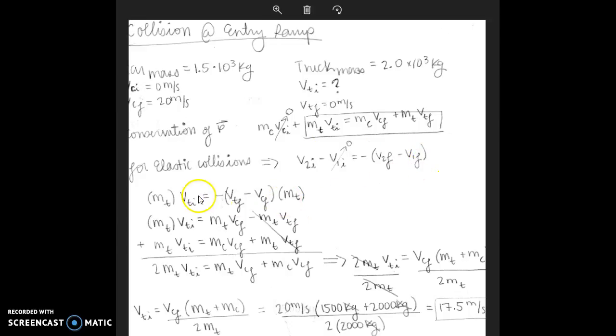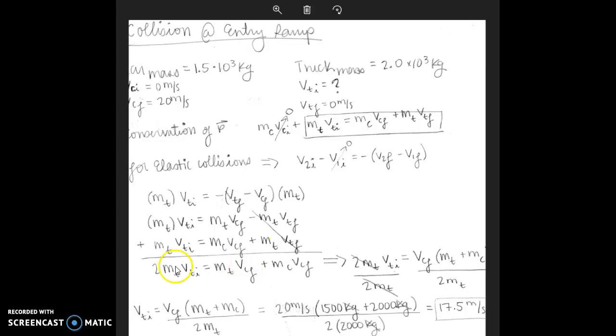So we have V2 initial, which is the velocity of the truck initial, multiplied by the mass of the truck, and we multiply the other side by the mass of the truck as well. Once that's multiplied out, we get this equation, which brings the mass to both sides. And so we're given this.